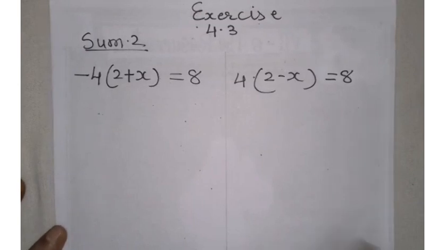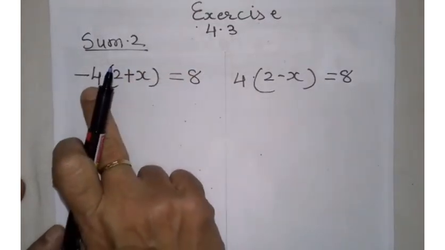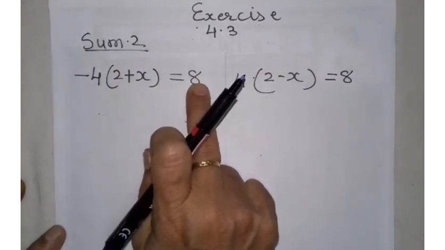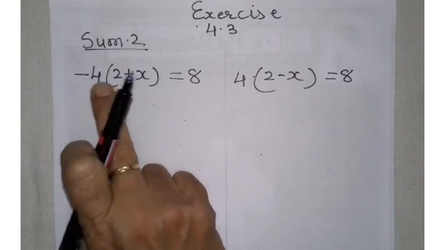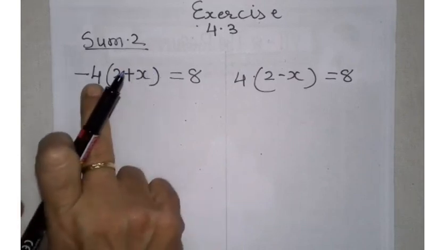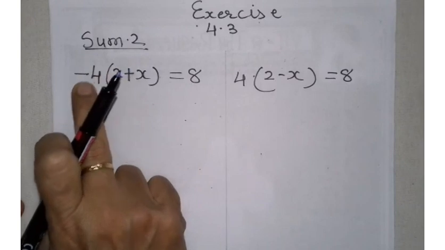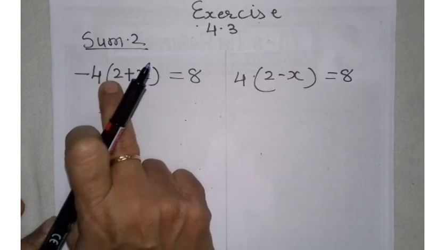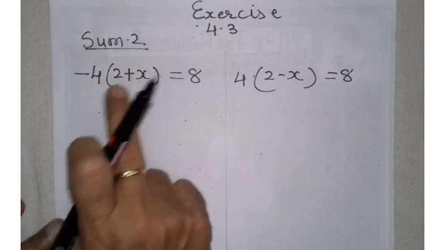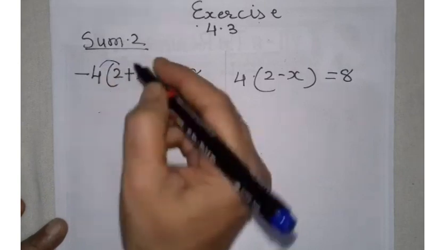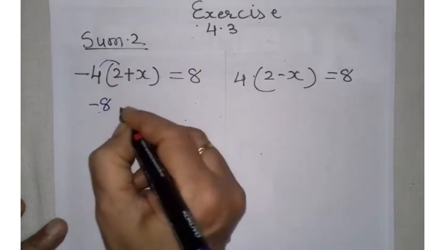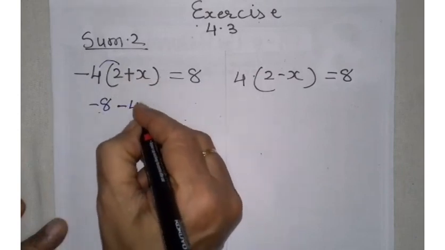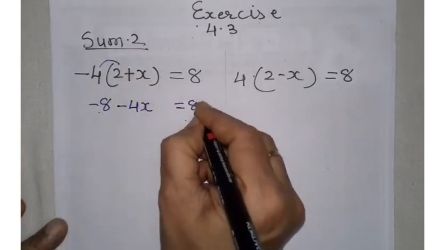Now moving to sum number 2. The sum is minus 4 into bracket 2 plus x is equal to 8. Now children, here minus 4 and the bracket, in between there is no sign, so minus 4 will be in multiplication form with both the numbers. Clear? So minus 4 into 2, what will come? Minus 8. Minus 4 and x, so minus 4x is equal to 8.